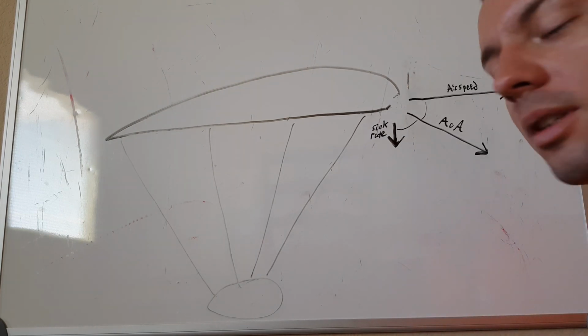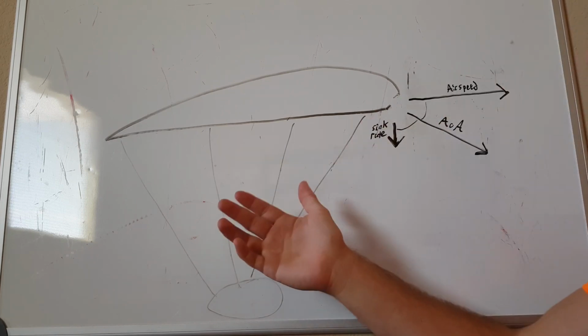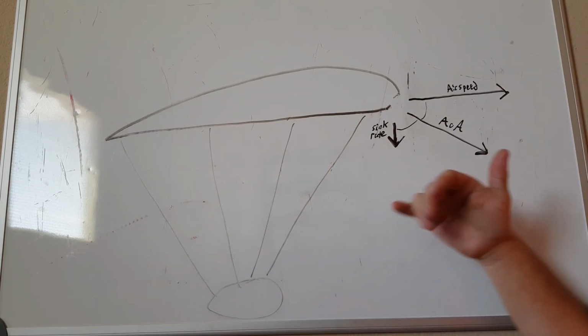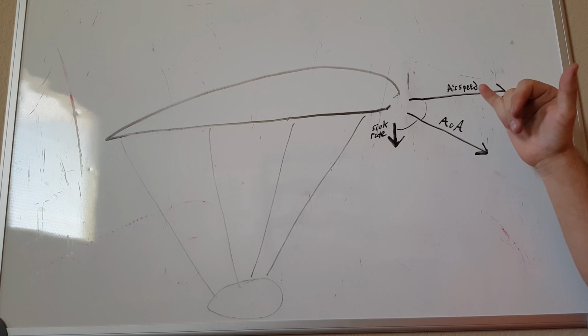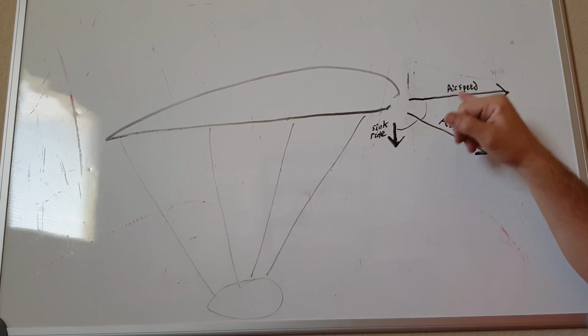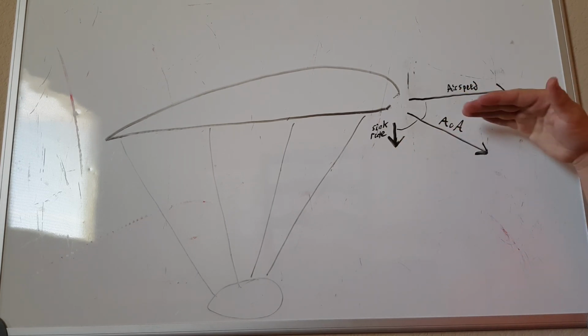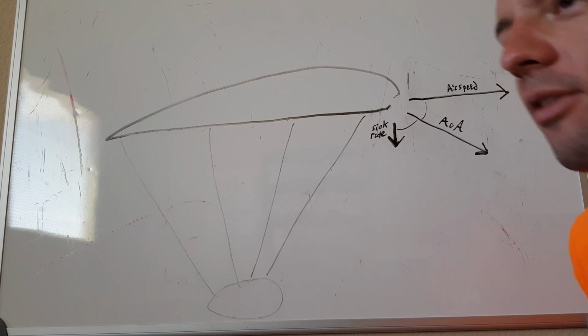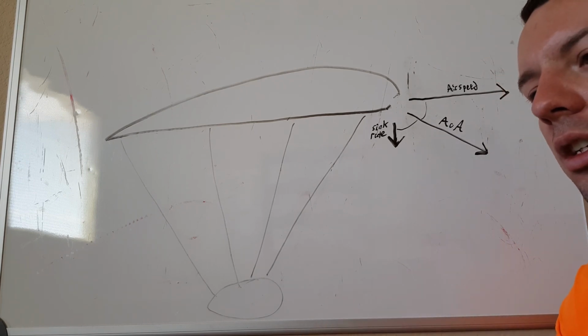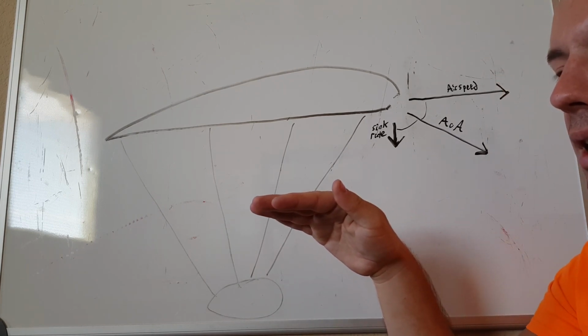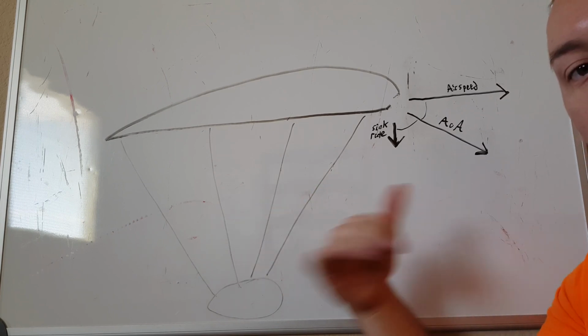All right, so we talked about a wind gust and how it can change your airspeed, and the difference between the airspeed and the sink rate determines your angle of attack. But that was only for flying at a constant smooth airspeed, and then you get a wind gust from in front of you or behind you.